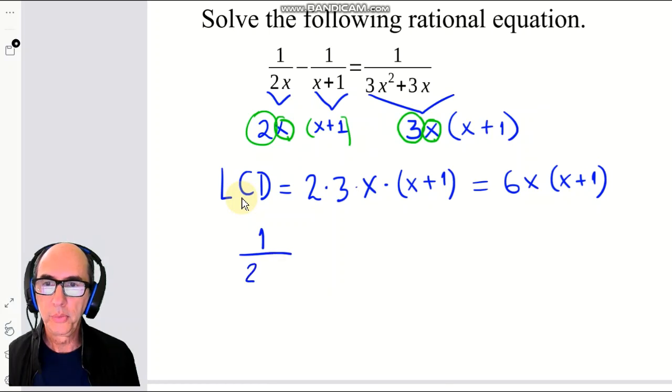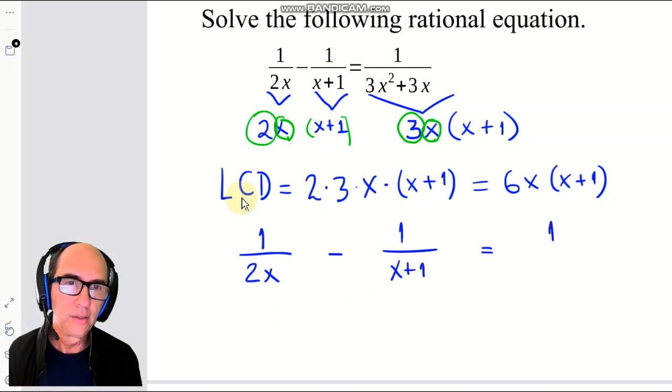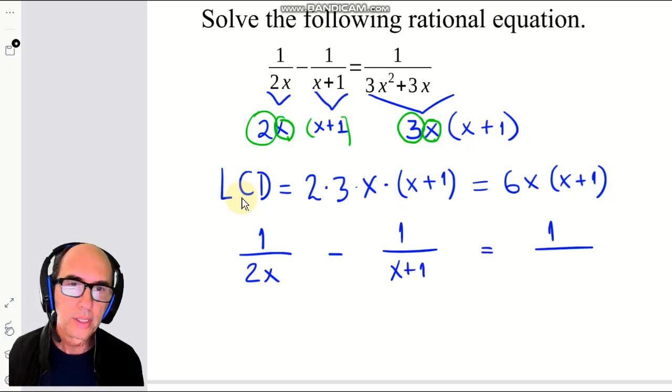Multiply each term in the equation by the least common denominator. So let me rewrite here the terms. Minus 1 over x plus 1. 1 over, I'm going to write down this breaking down the denominator.